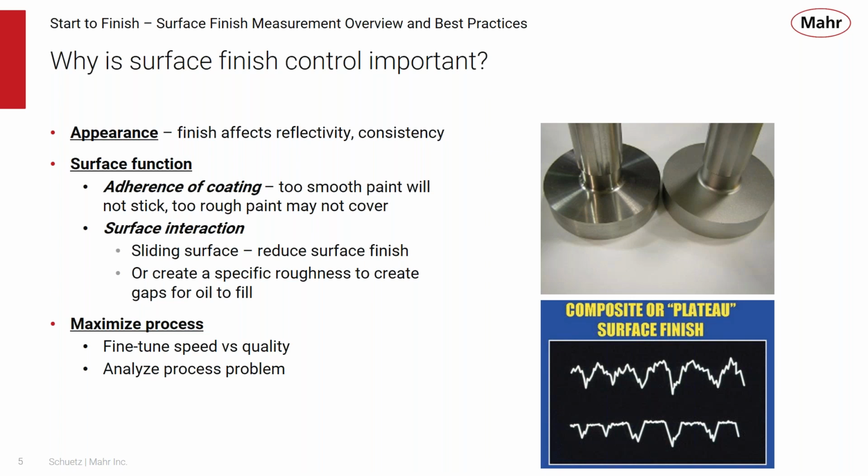And you can also analyze the surface for any process problems. Maybe the machine tool is putting surface conditions into the part because a bearing is going out or something like that. So that's another way of understanding what's happening to the manufacturing process. So these are all important reasons to control surface finish.